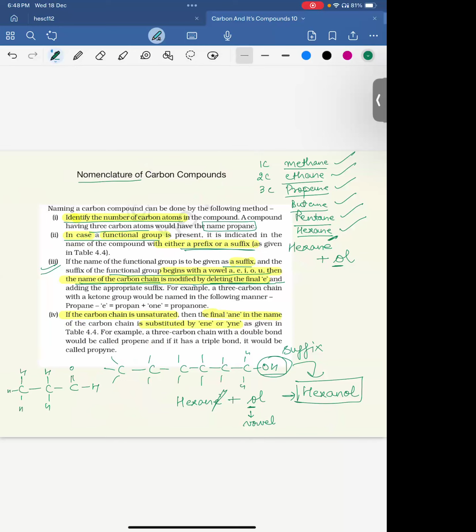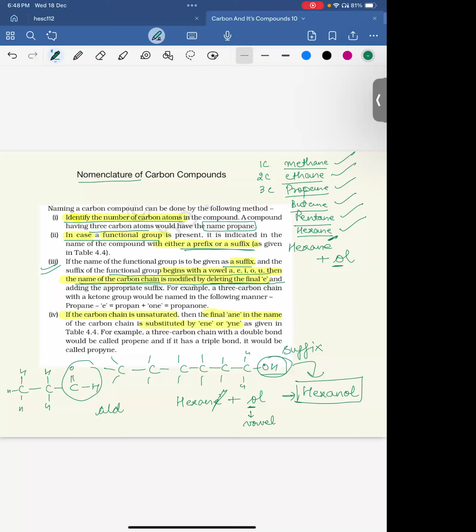First of all, tell me which functional group is this? Ketone. Is it ketone? Isn't it aldehyde? Yes, ma'am. It's aldehyde.